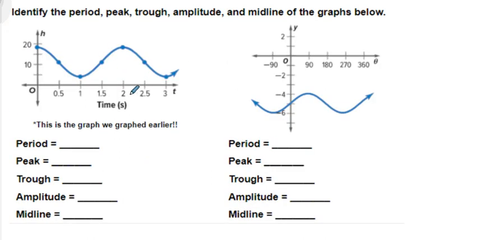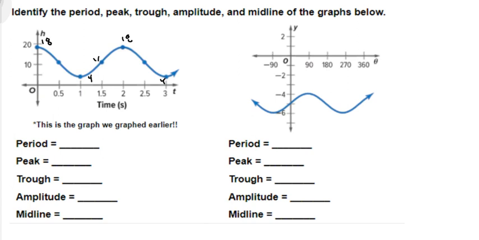All right, so let's apply these first to our bicycle problem. We know this is 18 right here, and this is 18. We know our lowest point was 4, and our middle point was 11. Our period is the distance from here to here.